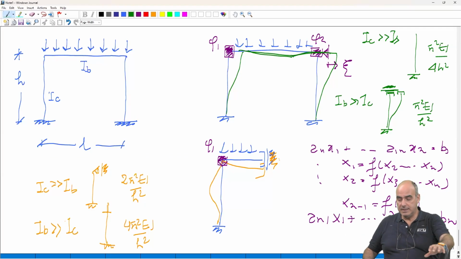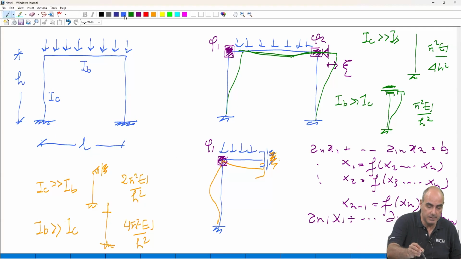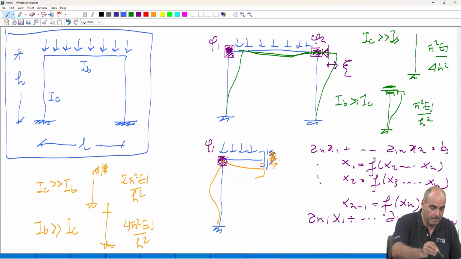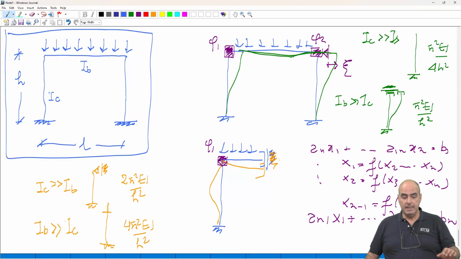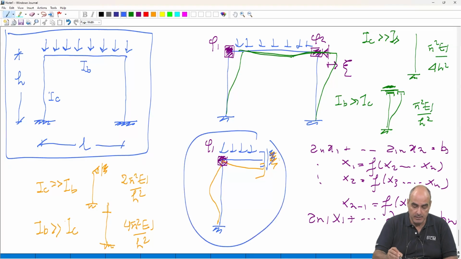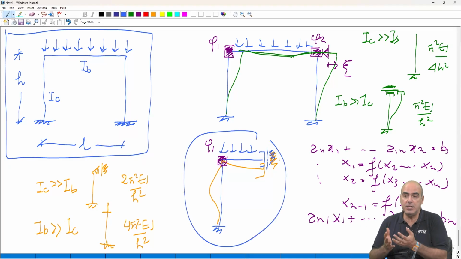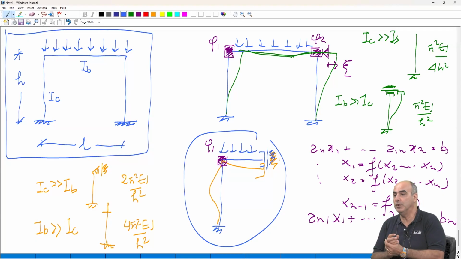But the original structure, the starting point, was this. In this structure, we do not have any real physical constraint to the sway movement. Here, this restraint is a fictitious one that we have put to take into account the symmetry.